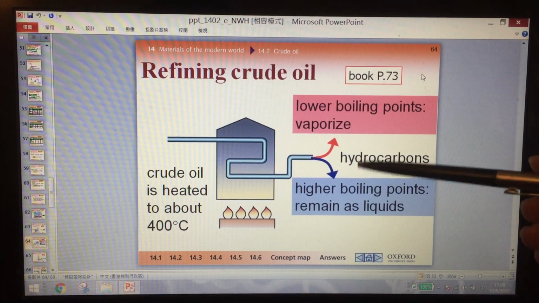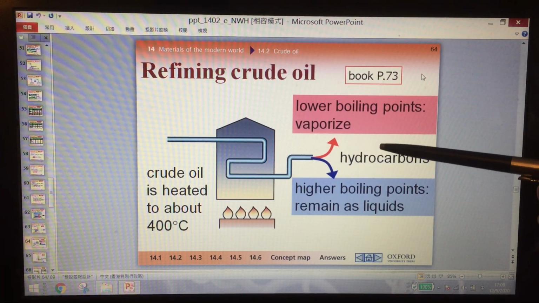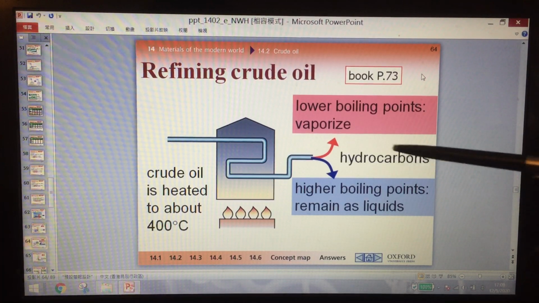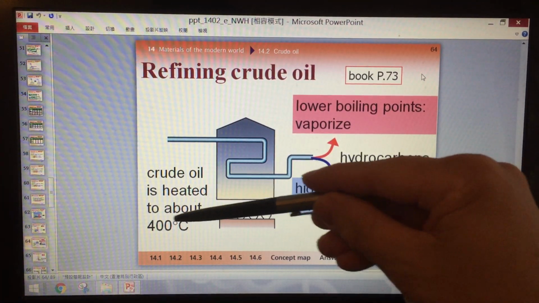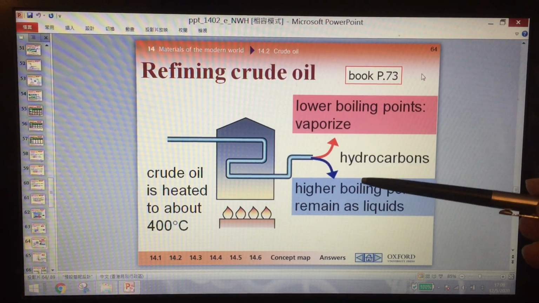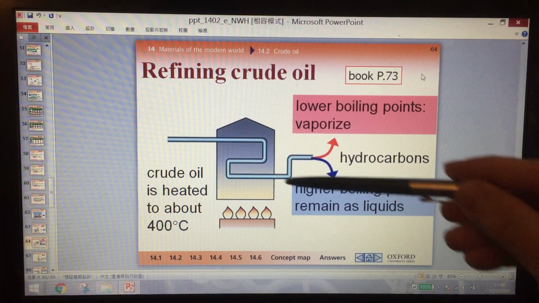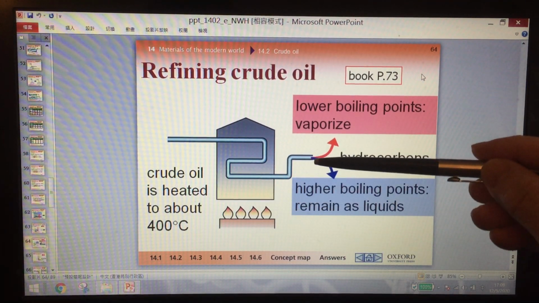For the hydrocarbons, some very large hydrocarbons have a very high boiling point. So even at 400 degrees Celsius, they are still liquid.